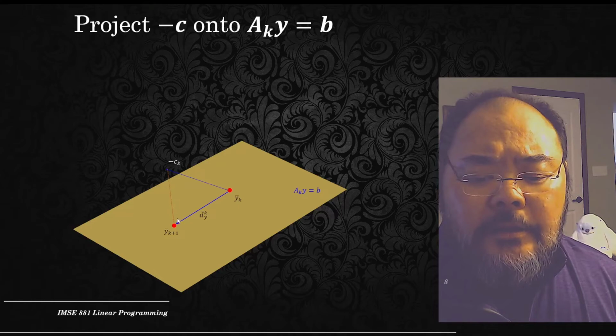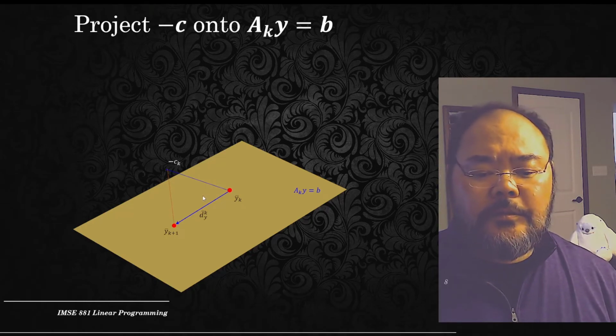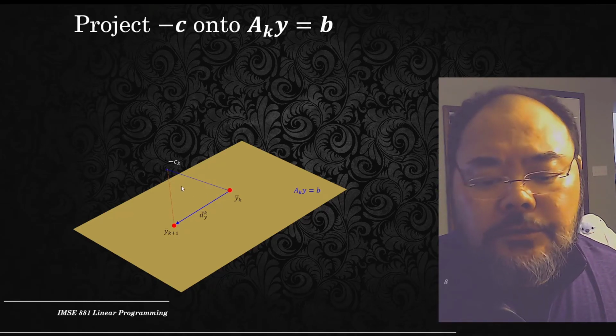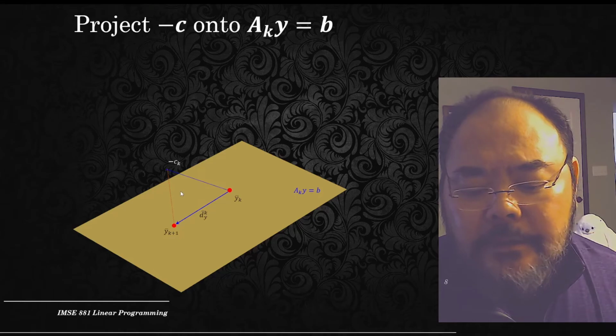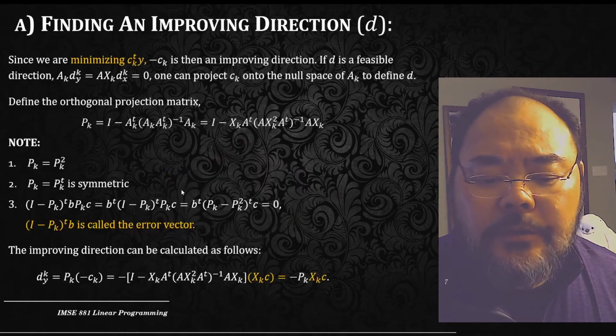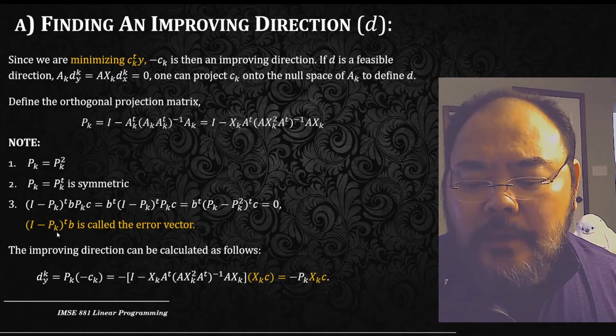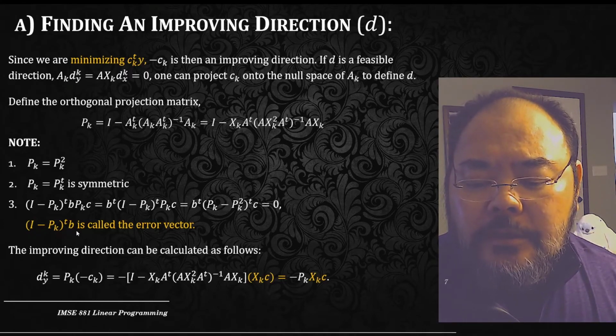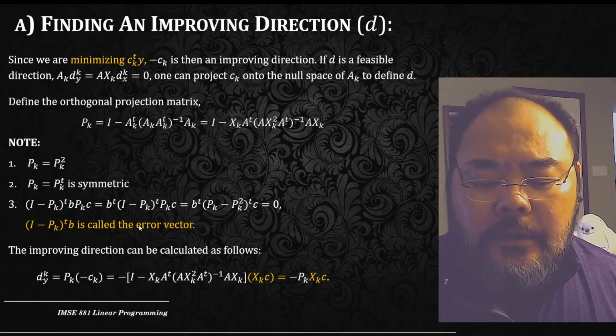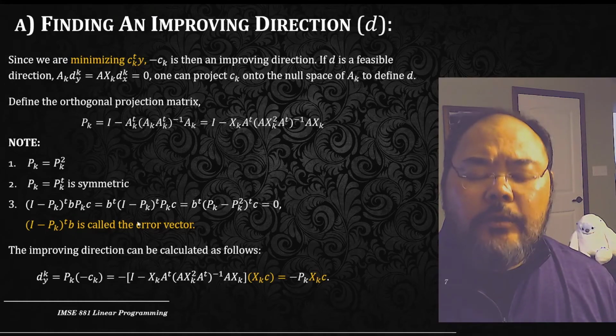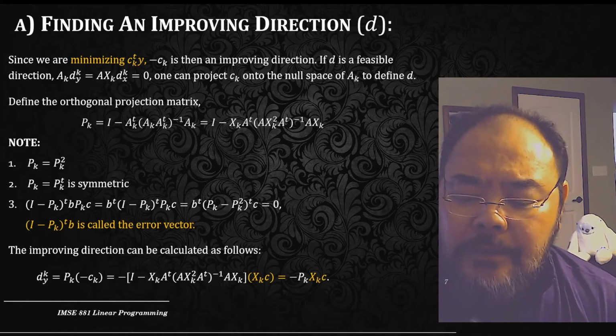These two vectors are perpendicular to each other, since this is an orthogonal projection. So the product of the two vectors has to be equal to 0. Many times I minus PK transpose B is called the error vector. This is a well-known property in linear regression as well.